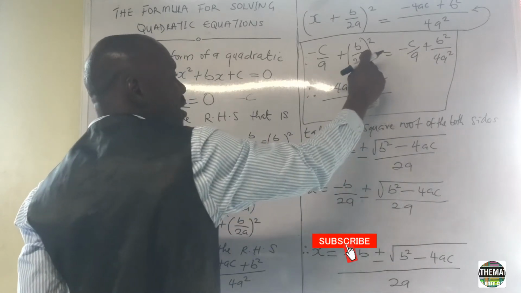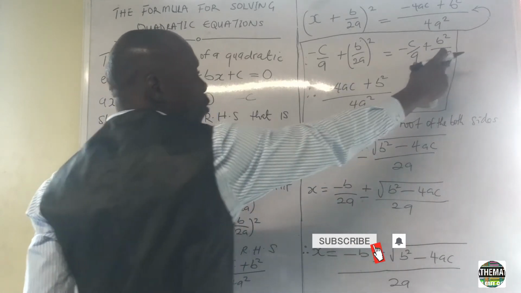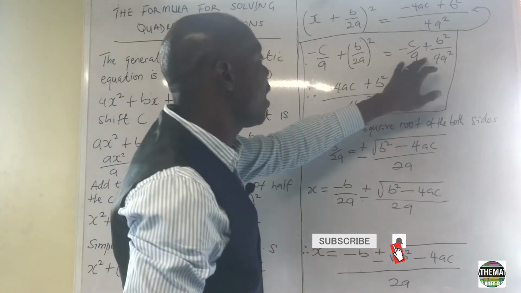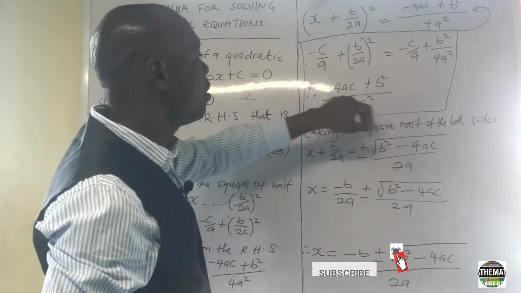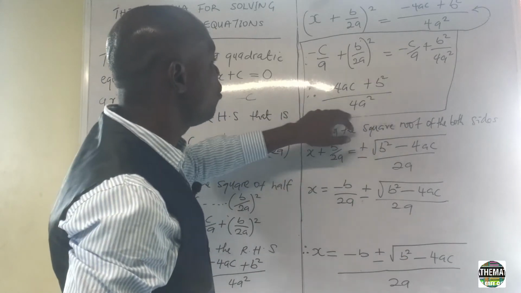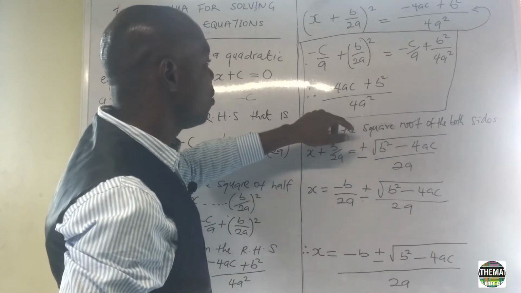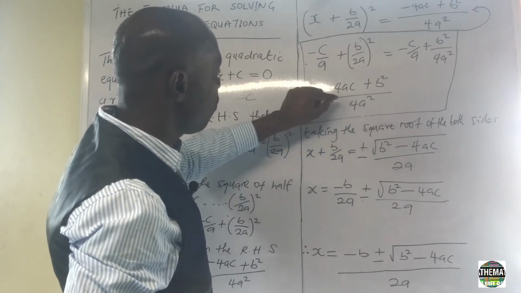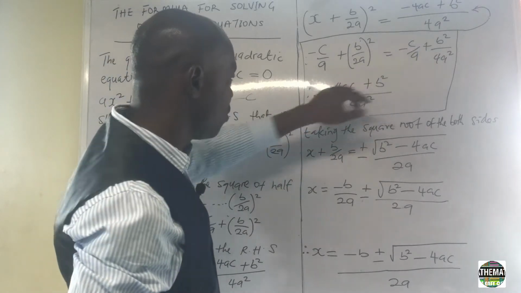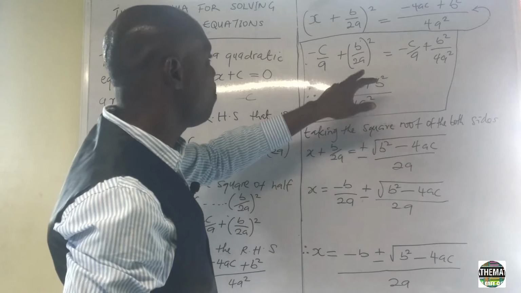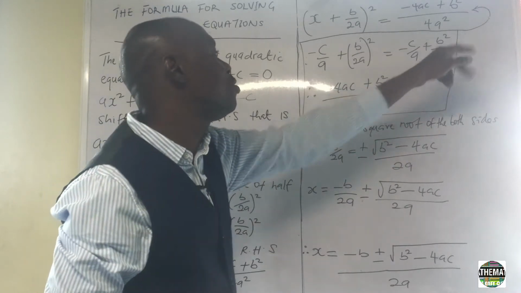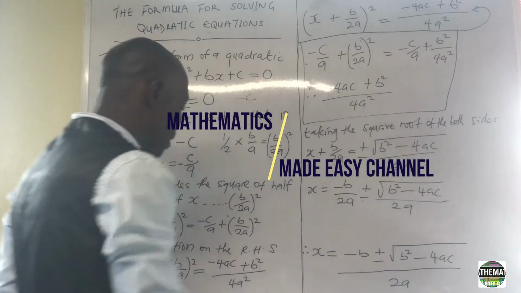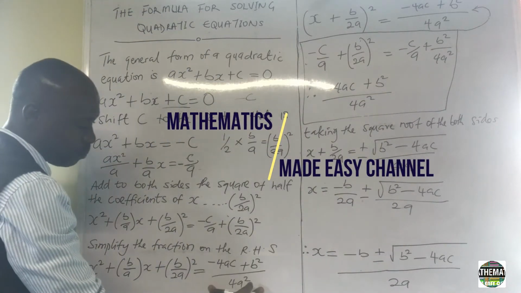Then a times a squared. Then we look for the common denominator, we pick 4a squared. Then we say how many a in 4a squared? We see 1, still remain 1. So remain 4a times negative c, it will give you minus 4ac. Then 4a squared divided by 4 will remain 1. This b squared still remains. That's why we arrive at this equation here.